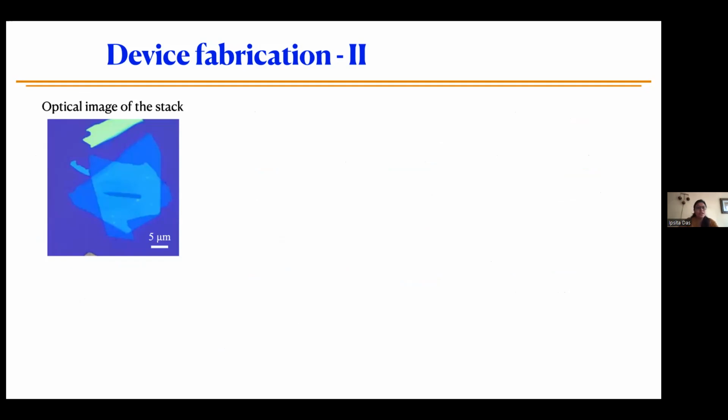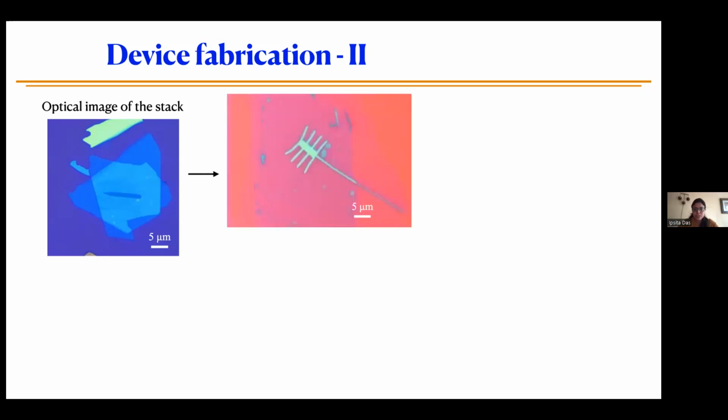Okay, so here is an optical image of my twisted bilayer graphene covered by hexagonal boron nitride, and in the middle I have this thin graphite layer, which will act as my gate later. But before making the electrical contact, I want to have my device in a very specific geometry called Hall bar geometry to do the 4 probe measurement in all my quantum transport measurements.